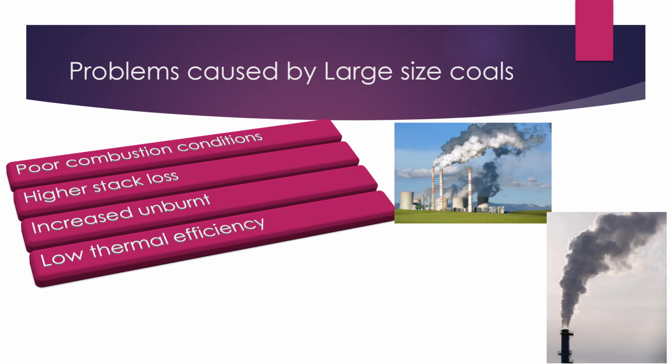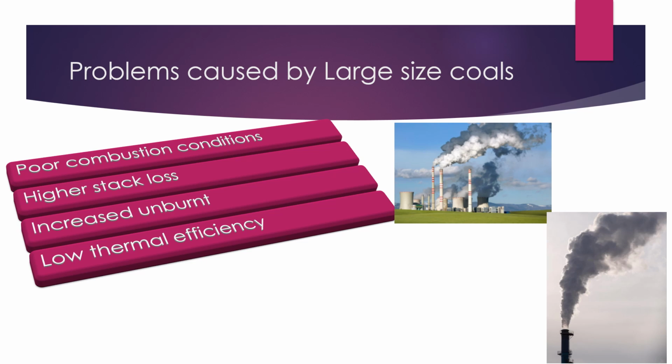So all the particles present in a bigger size coal particle may not burn, which will lead to poor combustion or incomplete combustion of coal. At the same time, the coal particles which are not burnt will be discharged to the atmosphere through the chimney. This is called stack loss. The poor combustion or incomplete combustion of coal also leads to increased unburnt.